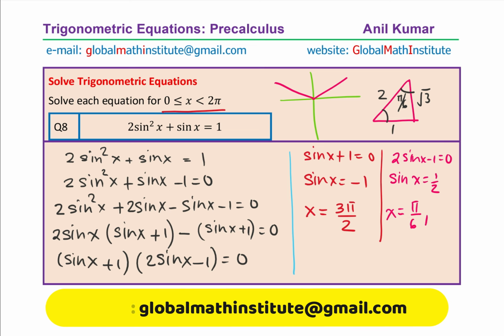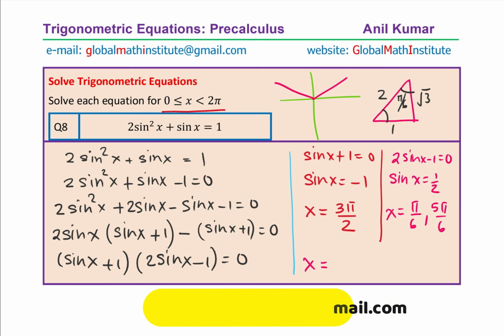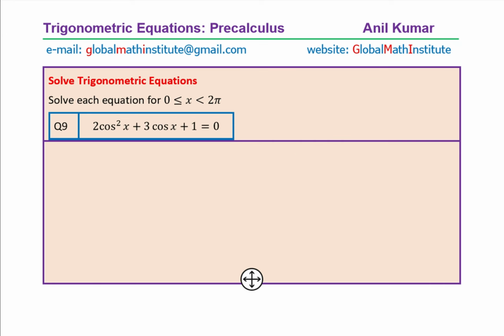And we have x equals 5 pi by 6. And therefore, we have got all these values: 3 pi by 2, pi by 6, and 5 pi by 6. Makes sense. So that is how we can now solve the quadratic equation form of the trigonometric equation, right? Perfect. So I hope till now, no problems, right?